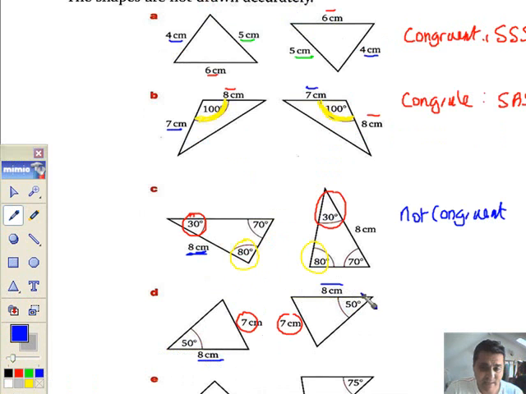So I have an 8 and an 8. But had this 7 been on this side, and had this 7 been on this side, then we would have had a side angle side rule, SAS rule. But the SAS rule does not apply here, neither does any other rule, because it doesn't fit any of the 4 rules for congruency. So therefore these are not congruent. No further explanation.